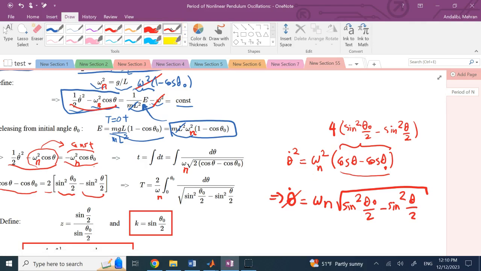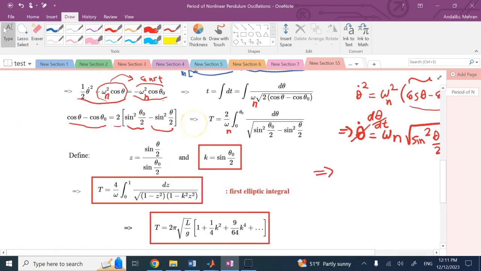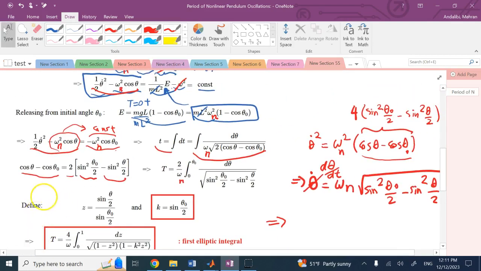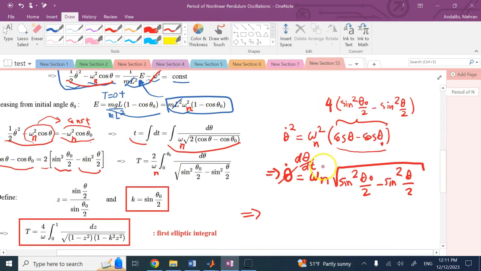And then we take the reciprocal of both sides and do the separation of variables. If you do that, you'll get dt equals, that guy goes into the denominator and d theta goes to the numerator. Remember that the 4 also becomes a 2 here, so you get 2 omega n.